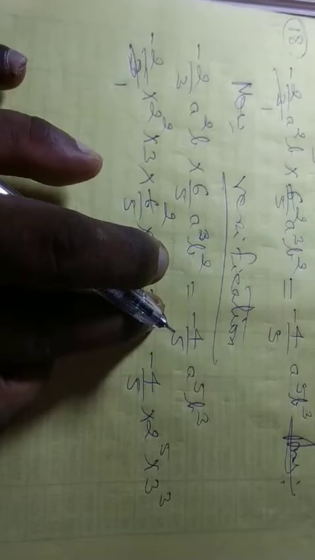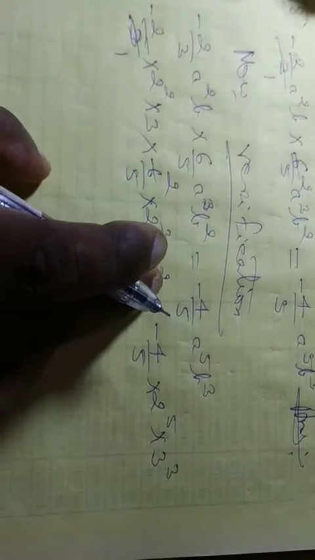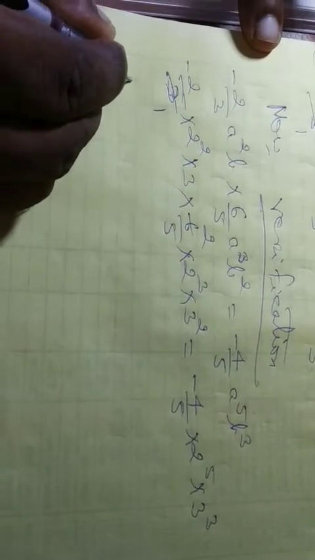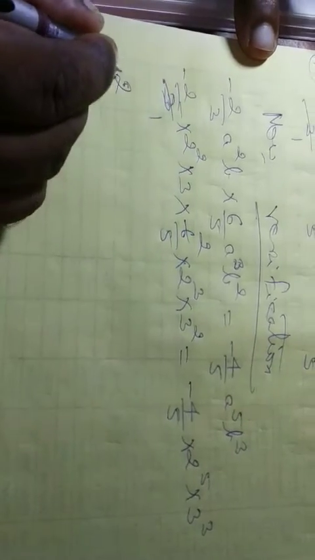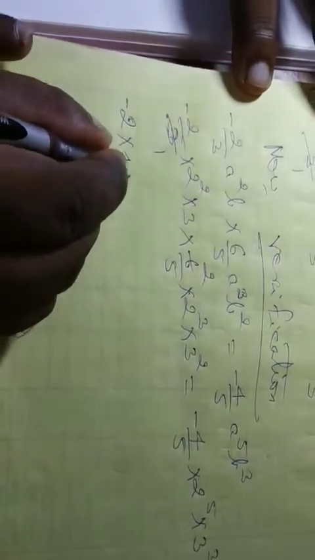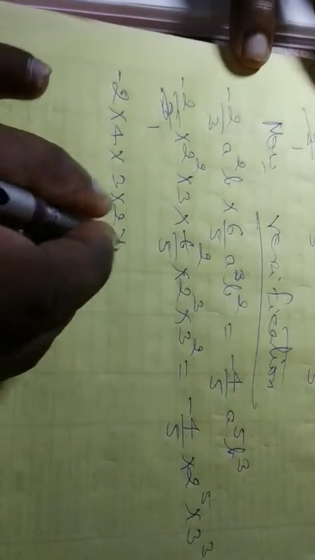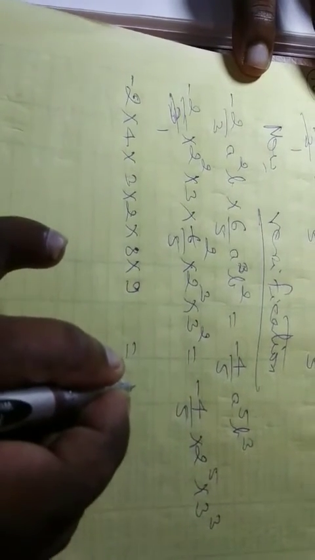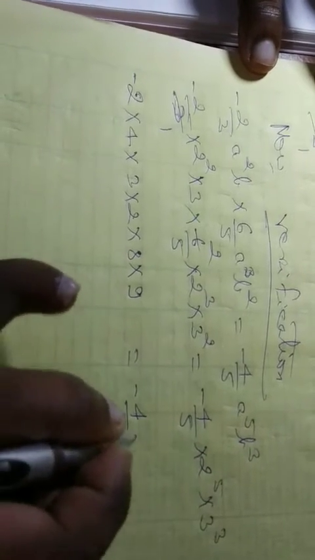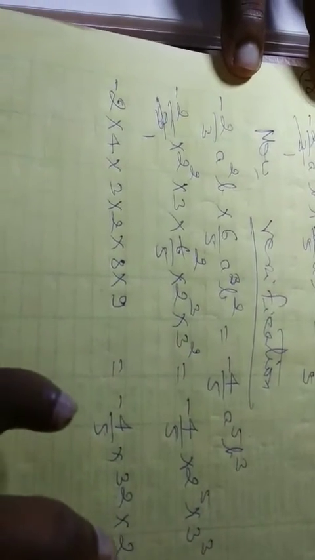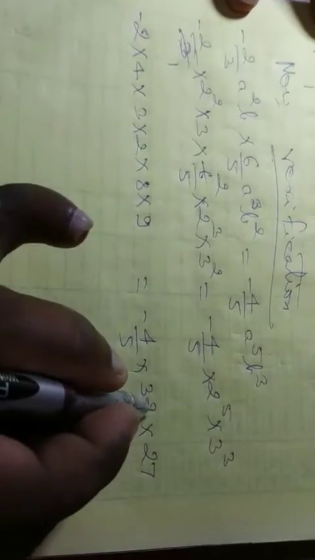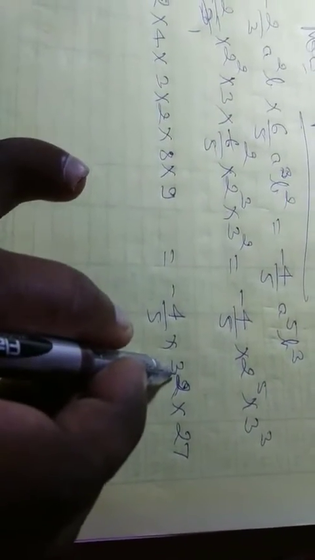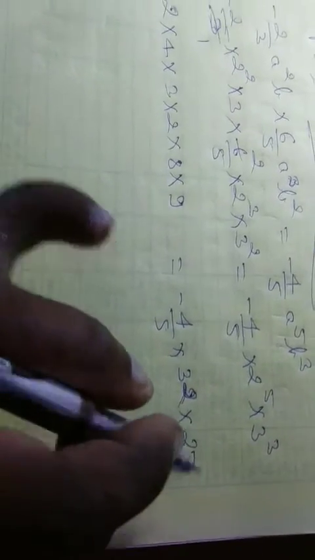So minus 2 into 4 into 3 into 2 into 8 into 3 to the power 2, equal to minus 4 by 5 into 32 into 27. 2 to the power 5, when we solve it, comes to 32, and 3 to the power 3 is 27.